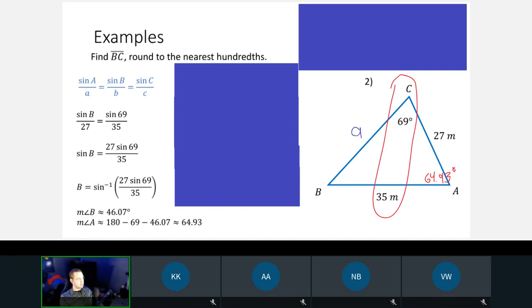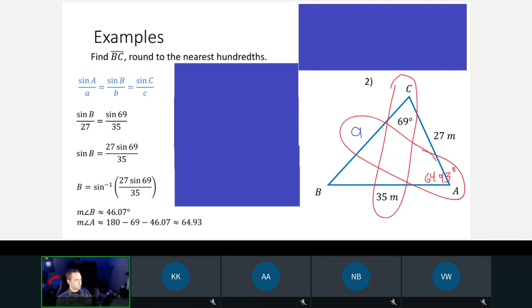We sure can, because we know angle A. So I'm going to circle these, and we would just use these pairs. We'd use 35 and sine 69, and we would use a and sine 64.93, and we would do law of sines that way.